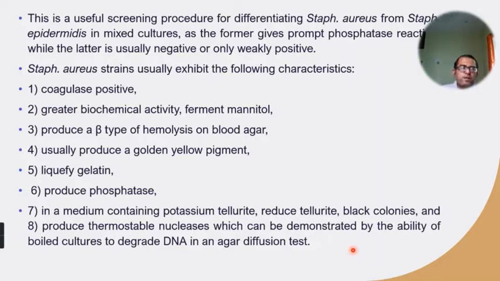So these are the characteristics shown by Staphylococcus aureus. We can easily differentiate Staphylococcus aureus from other bacteria. When these tests are shown positive by a bacteria, then we can say that the bacteria we have isolated is a Staphylococcus aureus strain.